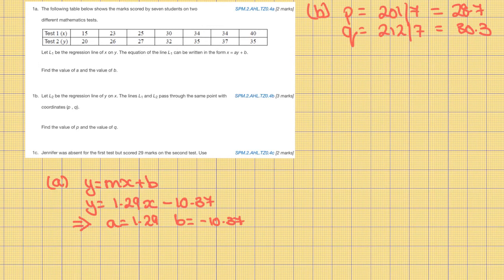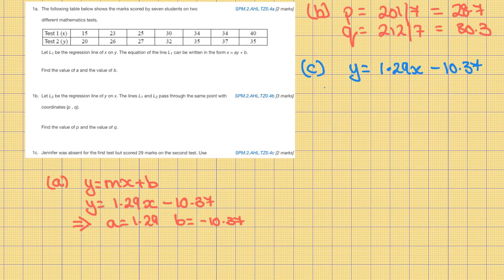Part C. Jennifer was absent for the first test but scored 29 marks on the second. Use an appropriate regression line to find the score she should have got on the first test. We can use the equation y equals 1.29x minus 10.37.